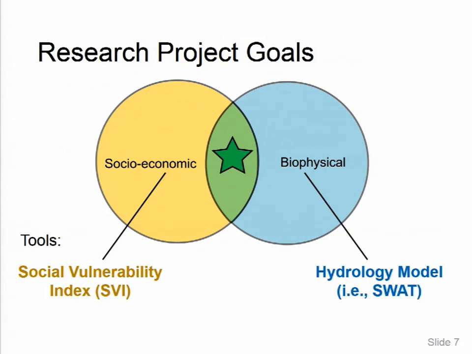We can use hydrology models like the Soil and Water Assessment Tool to do that. For this project, we used a tool to integrate these socioeconomic and biophysical impacts of climate and land use change, called the risk matrix, and I'll explain each of these three different tools that I used.